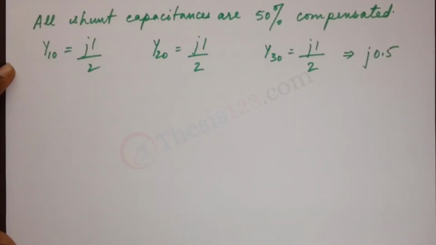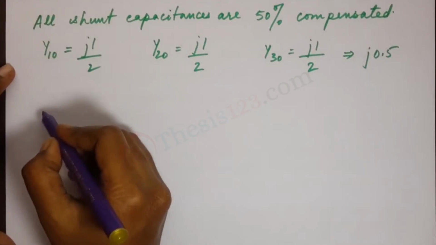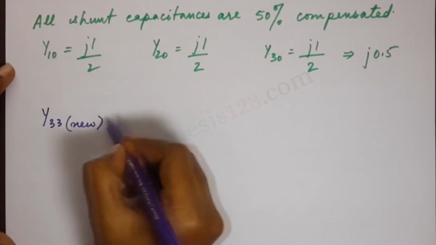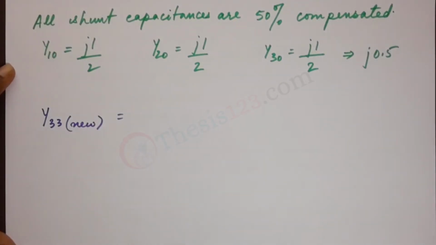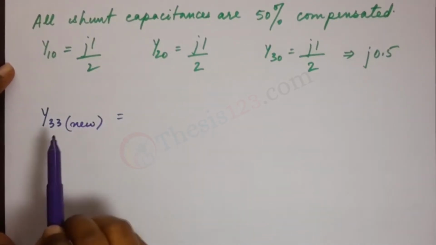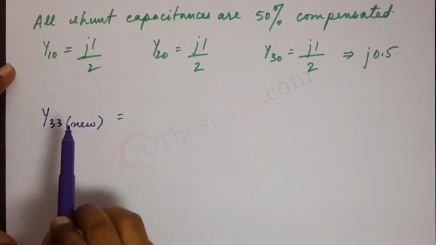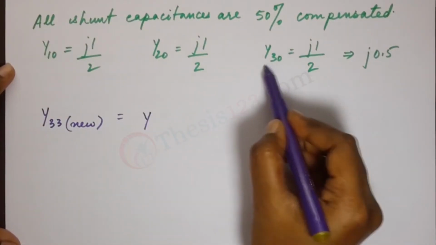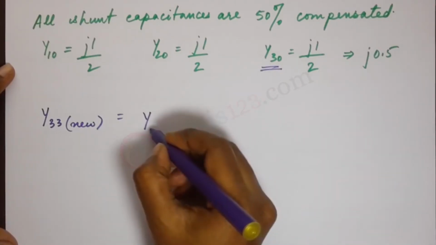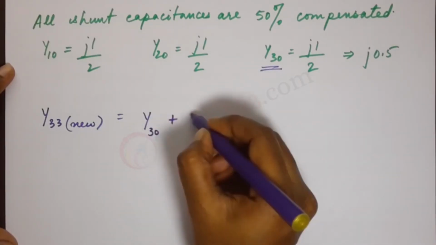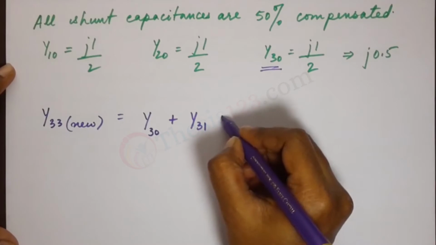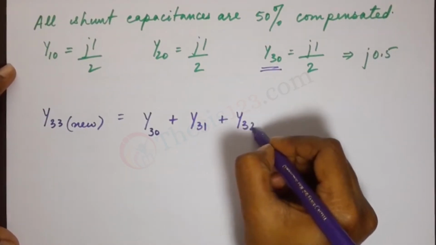To find out Y33, and this is the new component, we will obtain Y33 by adding the value Y30 plus Y31 from the matrix that has been given to us in the question, plus Y32.